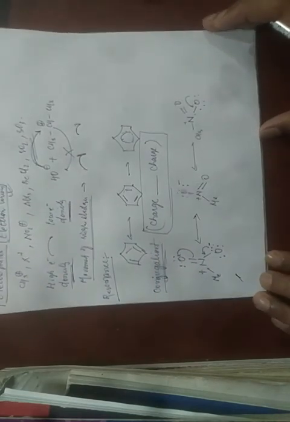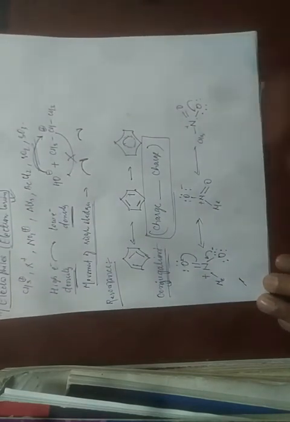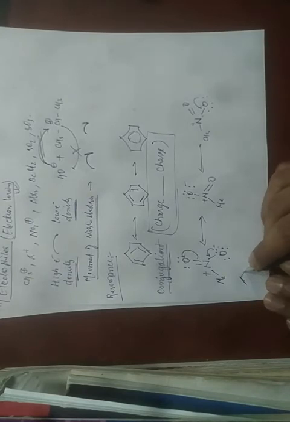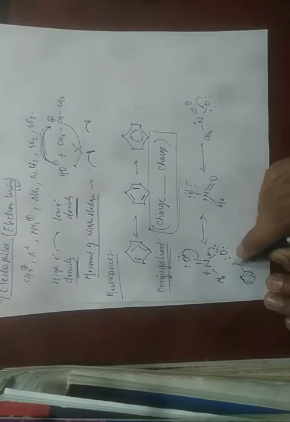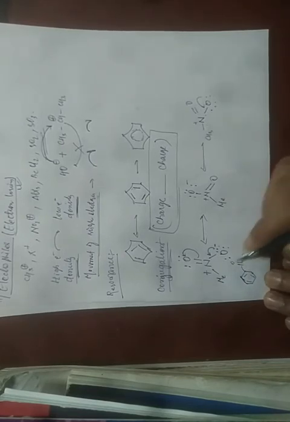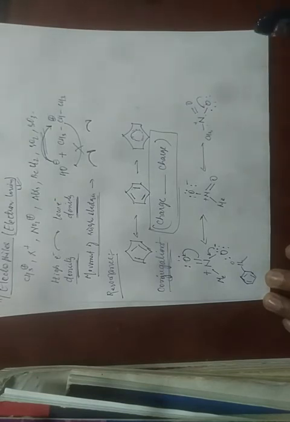I hope you can see this. Here it is like this, O, and this one. So we have to draw the resonating structures of this compound. It will form 7 resonating structures. How? You will see that.